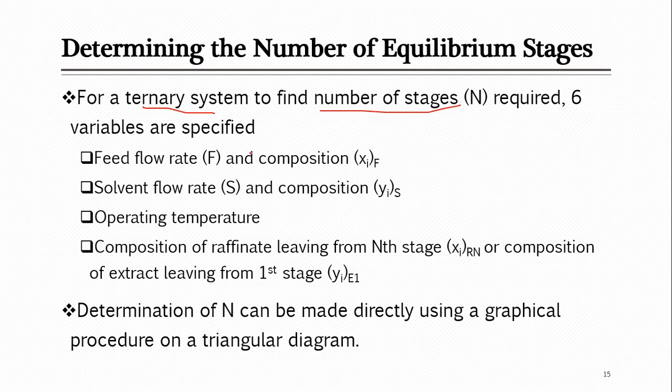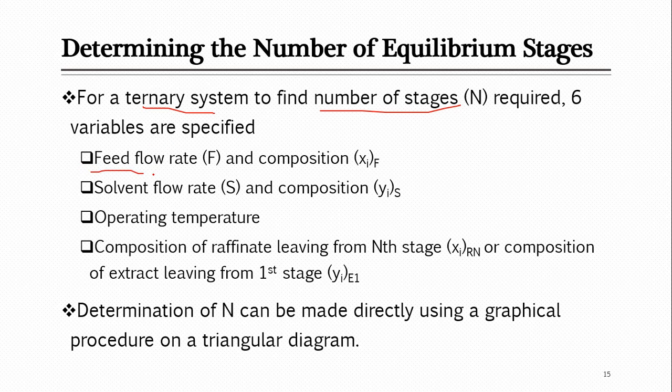So overall here we are going to specify some variables. In your book various variables are mentioned which you can fix, but the most common ones, which you can easily locate and use to design the system, are given here.